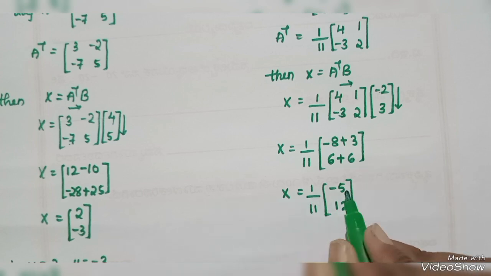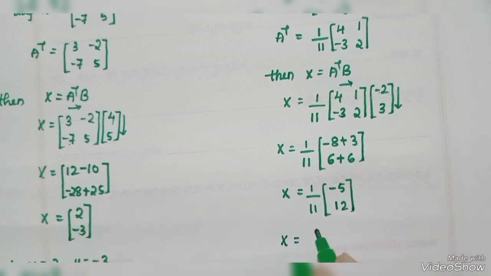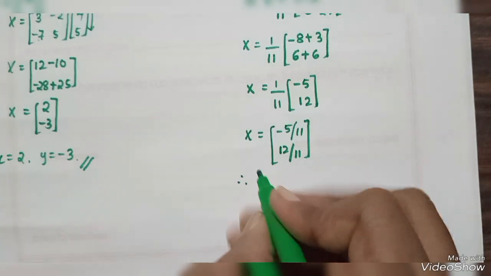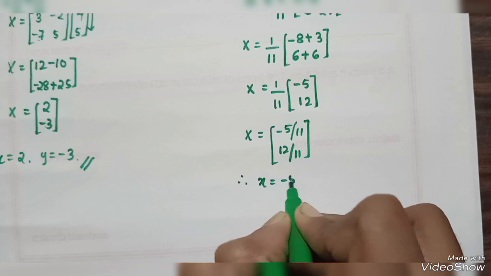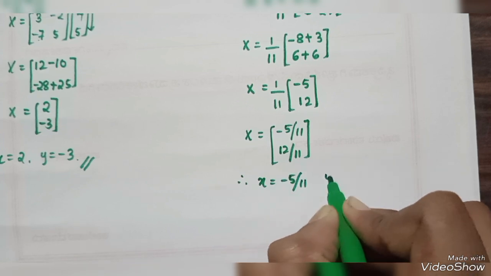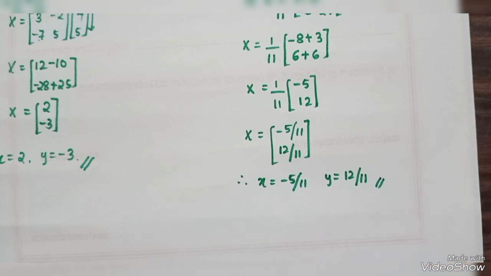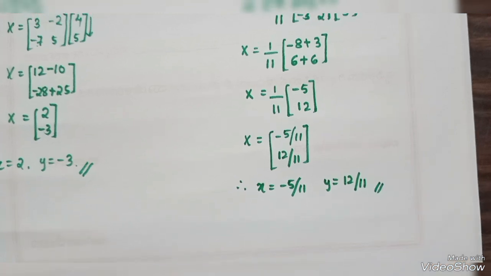Therefore, taking the multiplication, X is equal to minus 5 by 11 and 12 by 11. Therefore, X is equal to minus 5 by 11 and Y is equal to 12 by 11. This is the required solution of the given problem.